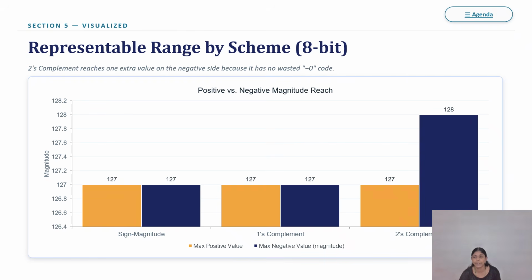In 2's complement, the negative is minus 128 and the positive is plus 127. Why is it happening here? Because 2's complement is 1's complement plus 1. But in signed magnitude as well as 1's complement, both negative and positive are 127 only. So minus 127 to plus 127, as well as minus 127 to plus 127. So 2's complement reaches one extra value on the negative side because it has no wasted minus 0 code.